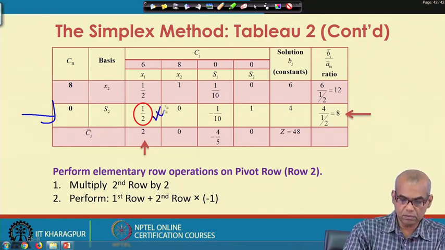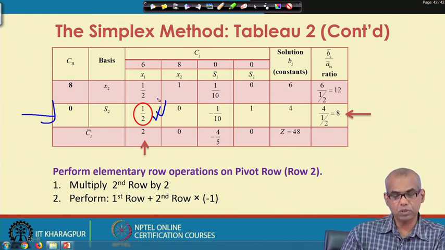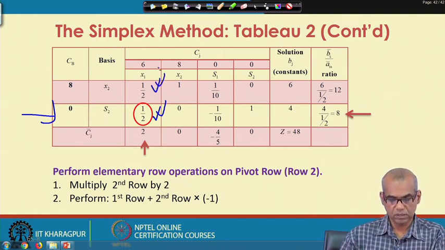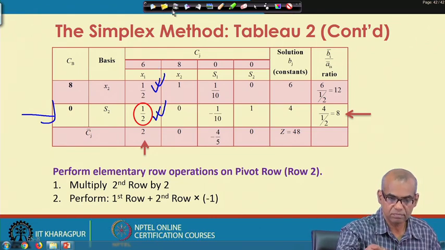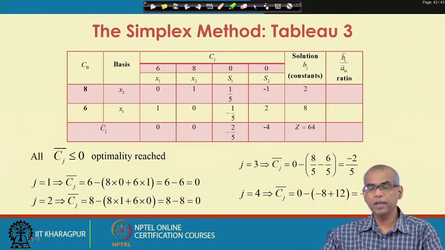So, to convert this half to 1, we multiply second row by 2, so that half becomes 1, and then to make this 0 in the first row, we perform first row plus second row into minus 1. So, now we get tableau 3.